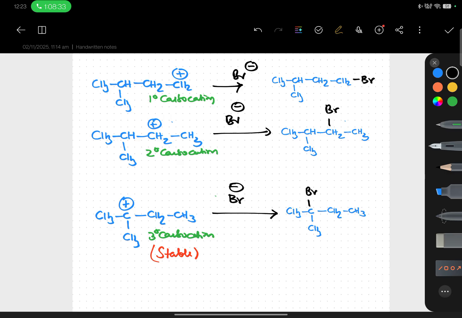So you can write the names also. What is the name of the first molecule? 1, 2, 3, 4.